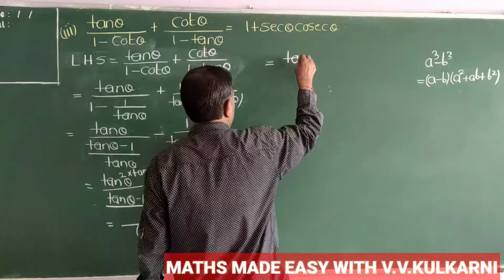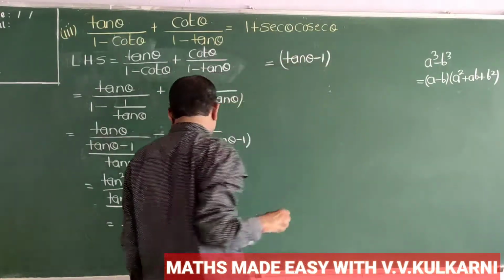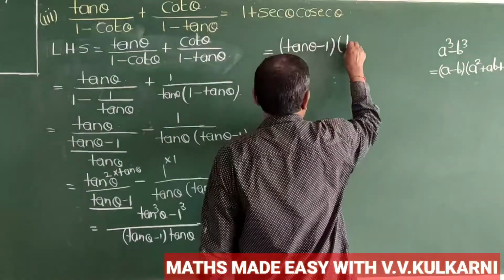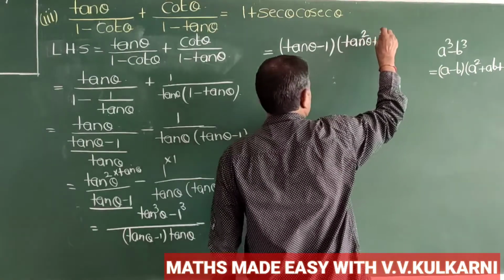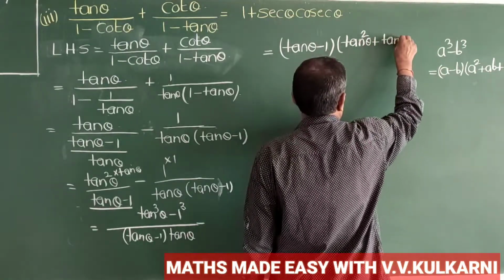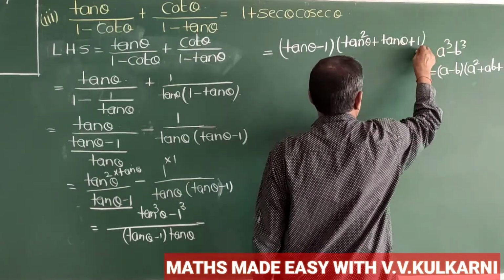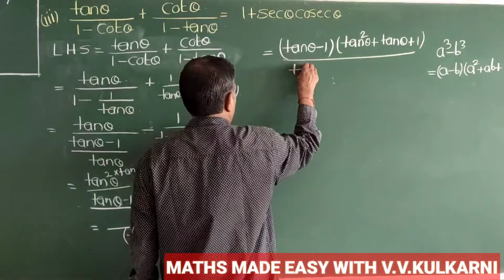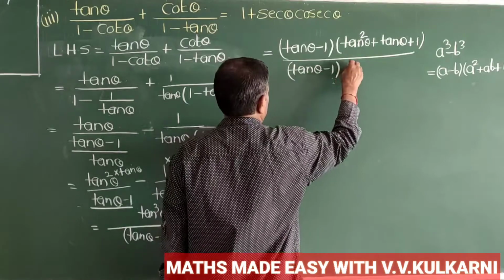A is here tan theta, so this becomes tan theta minus 1, that is a minus b. A squared means tan squared theta, ab means tan theta into 1, and tan theta into 1 is tan theta, plus b square means 1 square, and 1 square is how much? 1, whole divided by tan theta minus 1 into tan theta.